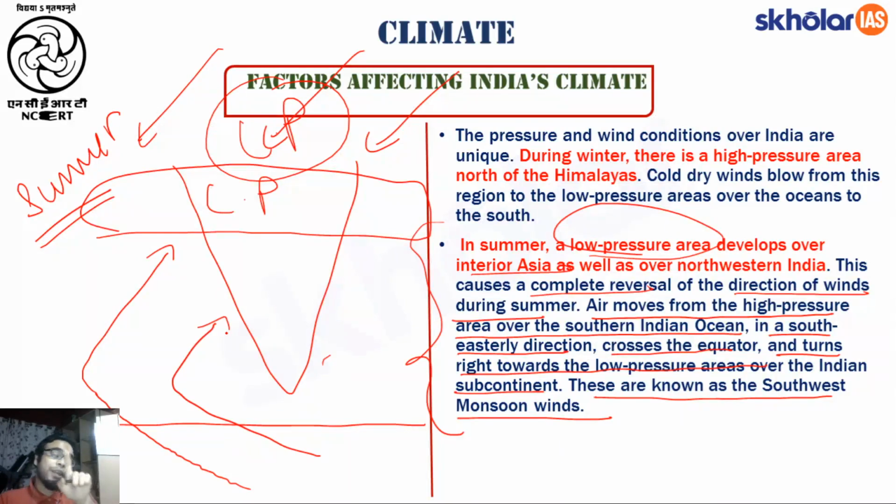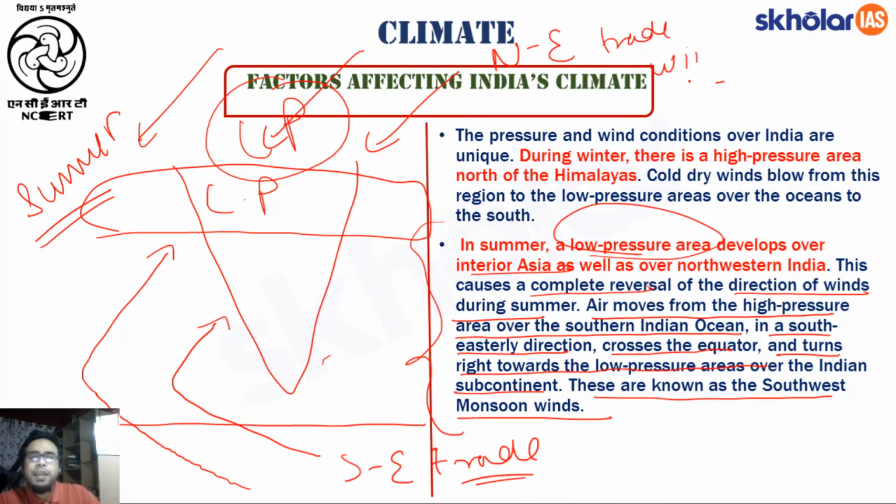Why will they get deflected to the right? Because in the northern hemisphere, winds get deflected to the right. Remember, the southeast trade winds during the summertime will cross the equator because the sun has shifted to the northern hemisphere and the low pressure has shifted to the north, right? And here we will have the presence of the northeast trade winds.